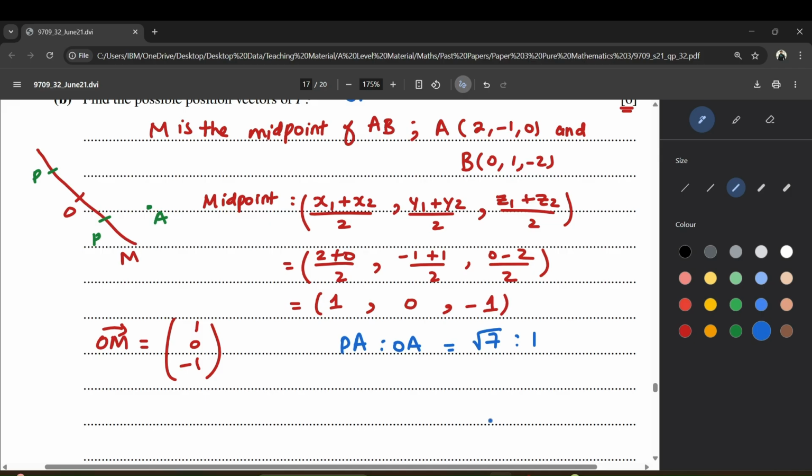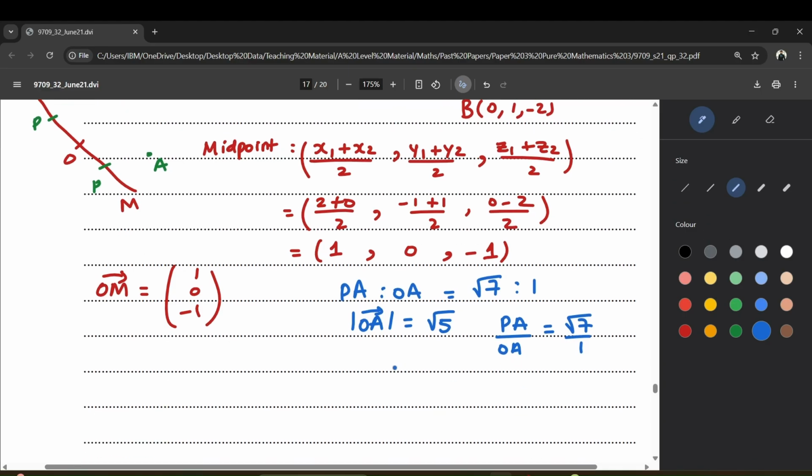We know that the magnitude of OA is root 5, which we calculated in part A. So if I want to calculate the magnitude of PA, we can use the ratio method. PA ratio OA, that is PA upon OA, equals root 7 upon 1. So if I know the value of OA, I can work out the magnitude of PA.